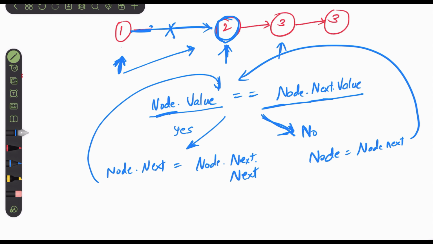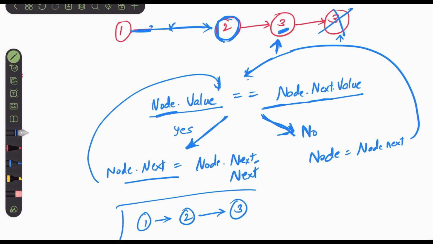So now we are looking at node 3. So this time we are looking at node 3 and its next node is 3, which are equal. So we'll go inside the yes side and do the replacement. Because the next node of 3 is null, the next node for the unique 3 node will also be null, and that's where we'll conclude our iteration, and this will be our output.